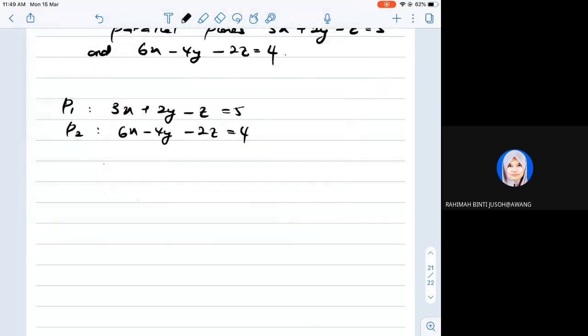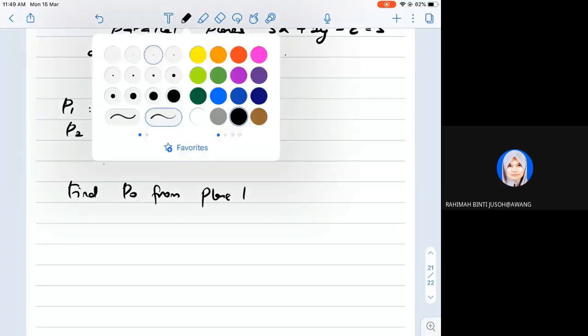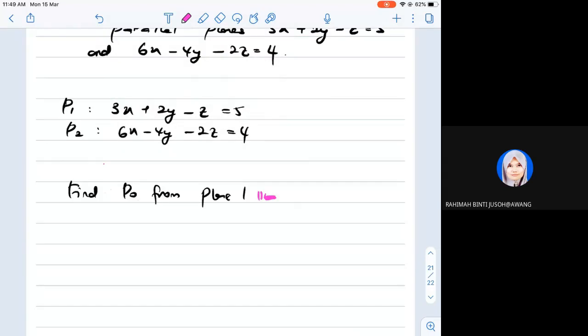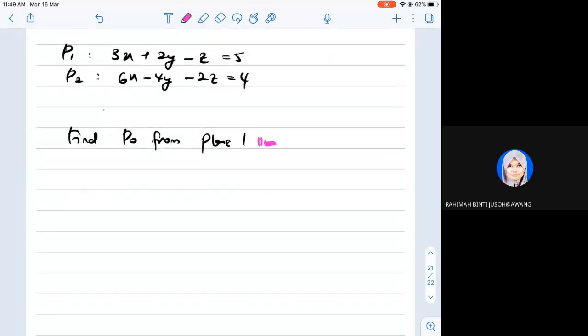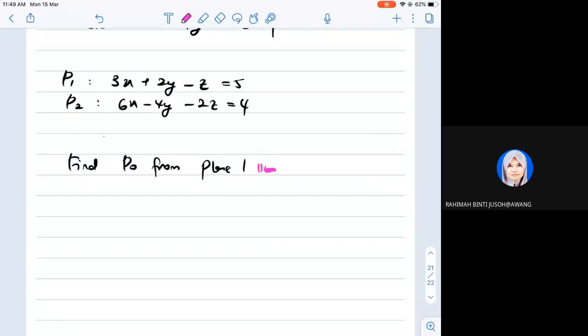Okay, so choose. Find point from plane 1. Find P0 from plane 1. So macam mana nak cari point P0 from plane 1 ni? The easiest way, guys, you pakai intercept form, you sketch the plane. Use intercept form.